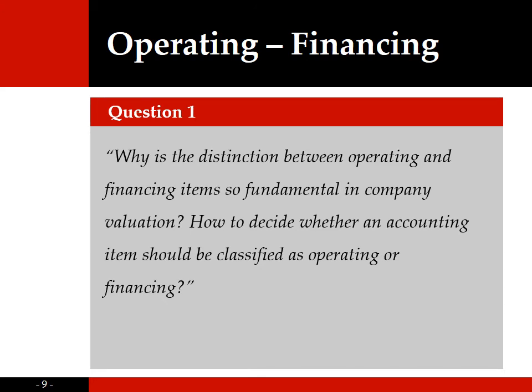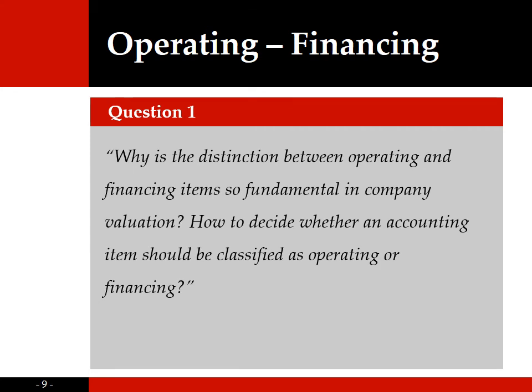And second, a practically oriented question, I want you to explain to me how to decide whether an accounting item should be classified as an operating or financing item. So, for example, let us say that I look at the balance sheet and I see the item labeled accounts receivable.